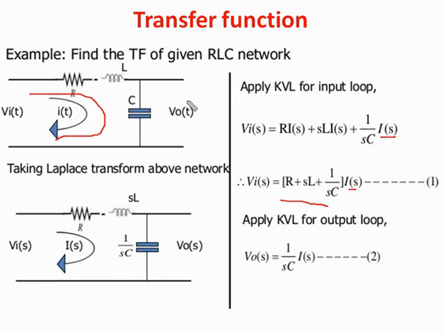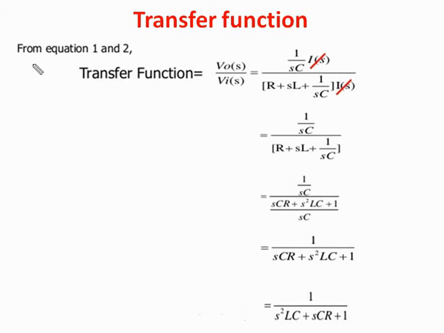Apply KVL to the output loop. The voltage across the capacitance is defined as 1/(sC) I(s). From equations 1 and 2, the transfer function is the Laplace of output by the Laplace of input.